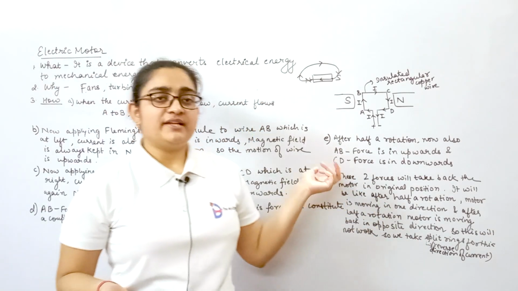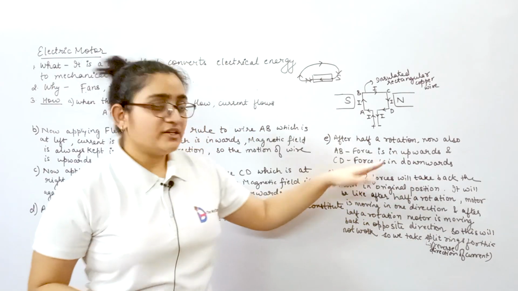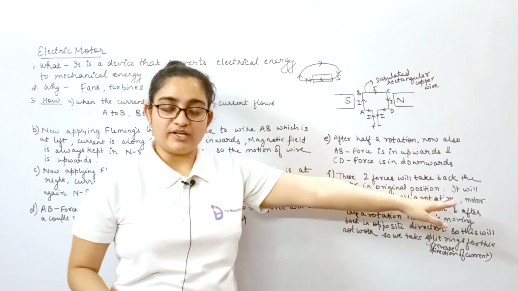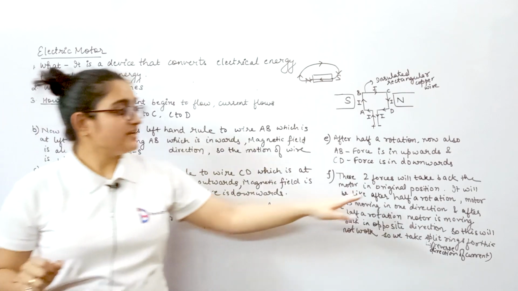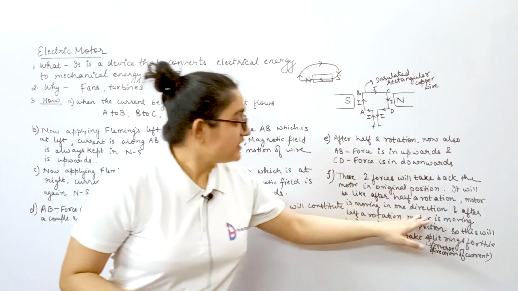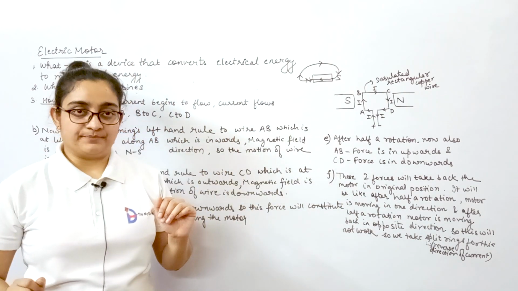These two forces will take the motor back to the original position. It will be like after half a rotation, the motor moves in one direction and then moves back in the opposite direction.